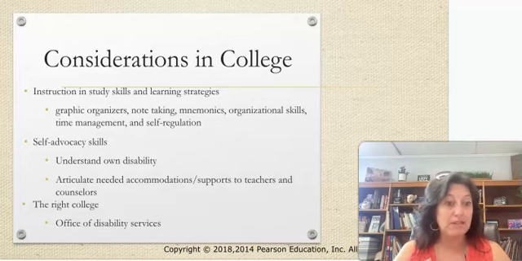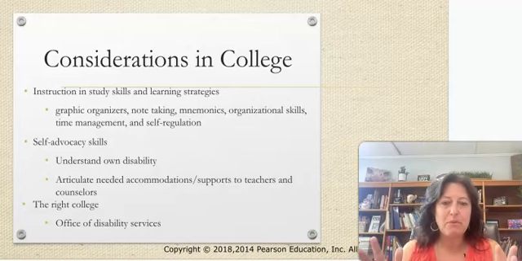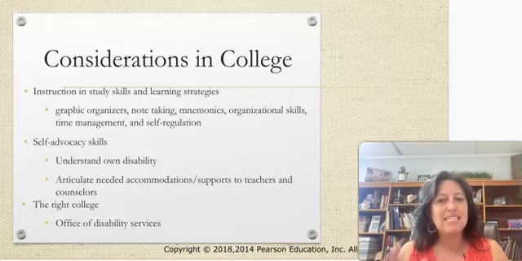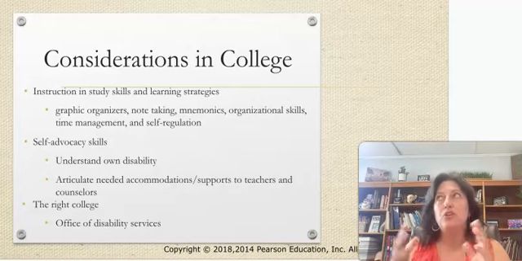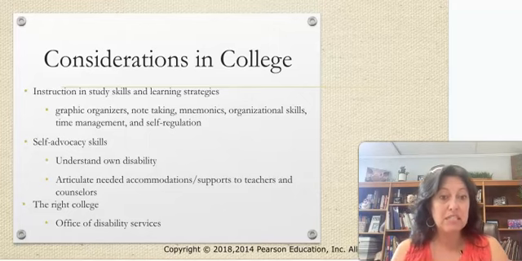Utilizing graphic organizers, learning how to take notes, using mnemonics to help you memorize things, organizational skills, time management, self-regulation, all these are so important. But to me, one of the most important is that self-advocacy skill: knowing what your disability is, knowing what you need to be successful, and then being able to explain that to other people.